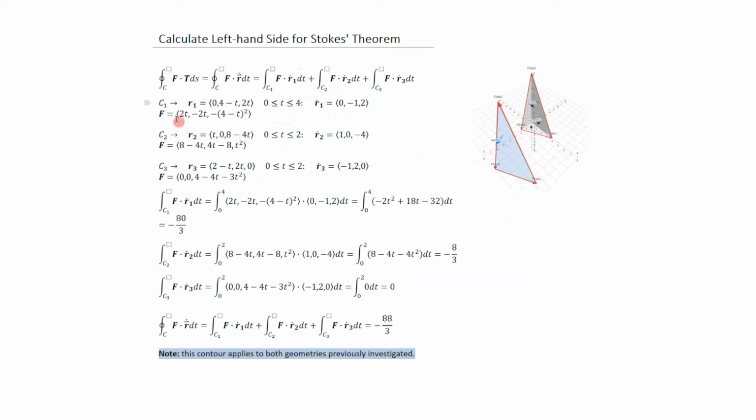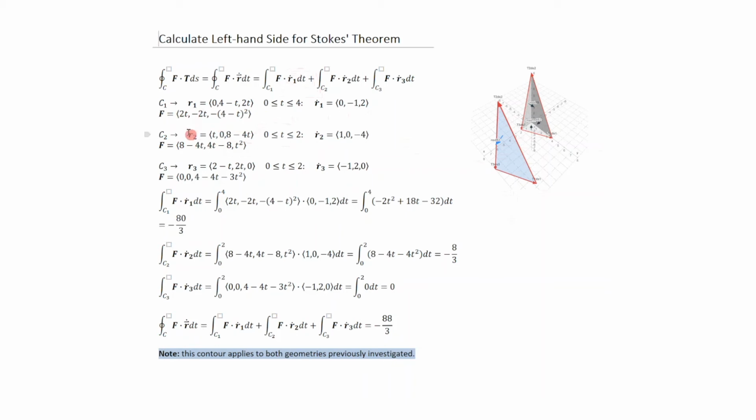So for f, basically, we have 2t minus 2t minus (4 minus t) squared. So you take the f vector, which is in terms of x, y, and z, and you substitute in the parameterization values. For x, we would have substituted 0. For y, we would have substituted 4 minus 2t. And for z, we would have substituted 2t. And we end up with this for the vector. Again, the components are a function of t.